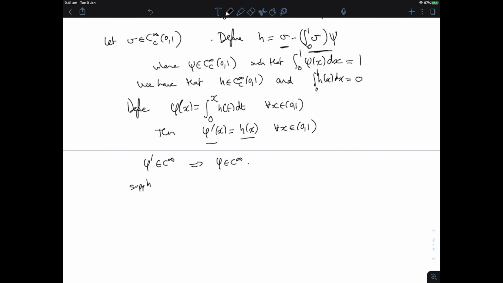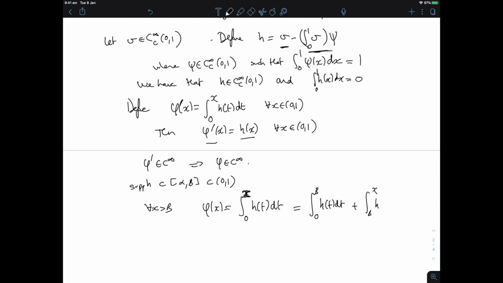Say the support of h is included in some interval alpha beta, and then you look at phi of x for an x smaller than alpha or for an x greater than beta. So let's say for x greater than beta, phi of x by definition is the integral from 0 to x of h of t, which is equal to the integral from 0 to beta of h of t dt plus the integral from beta to x of h of t dt.